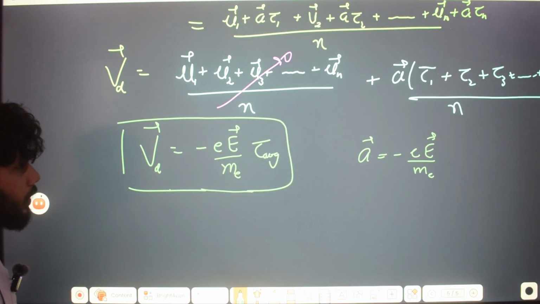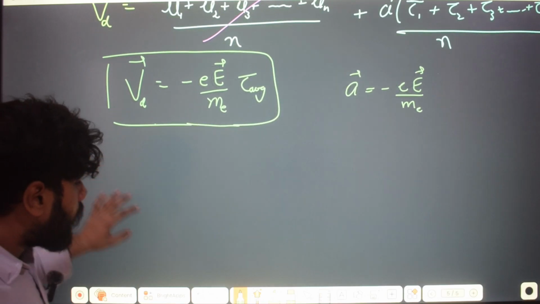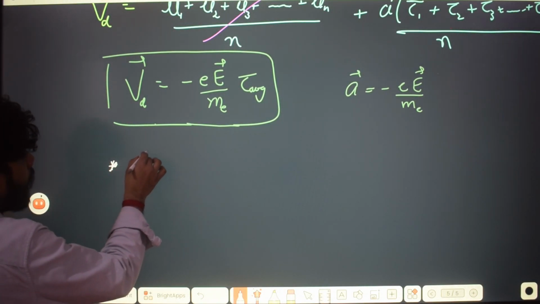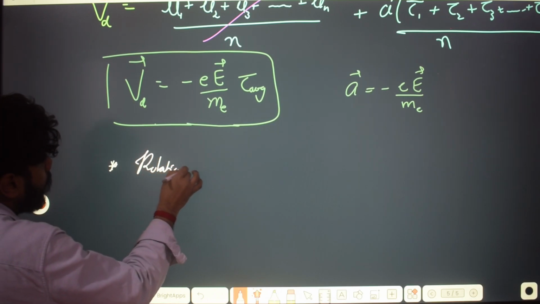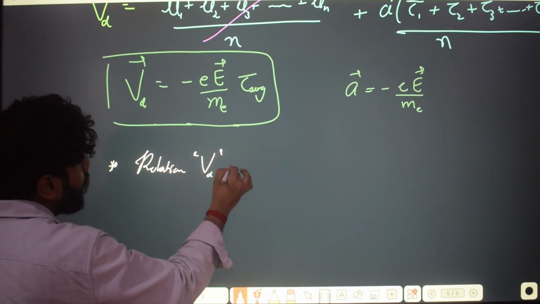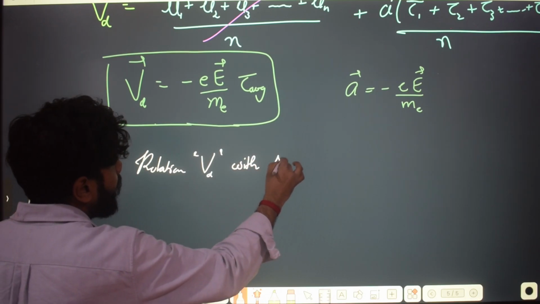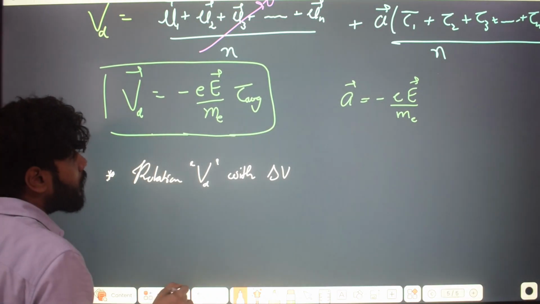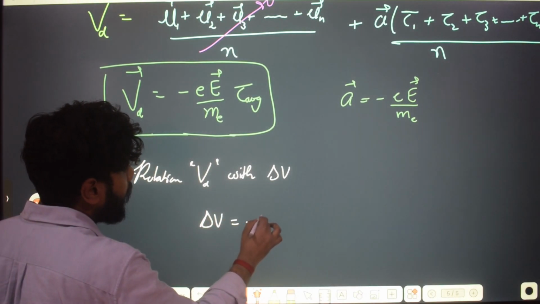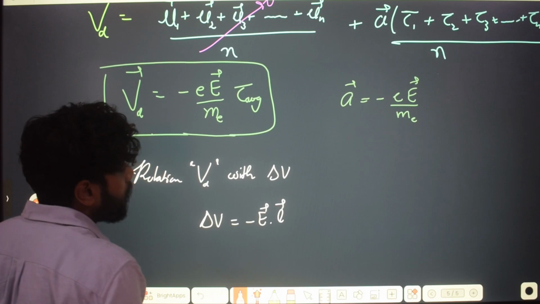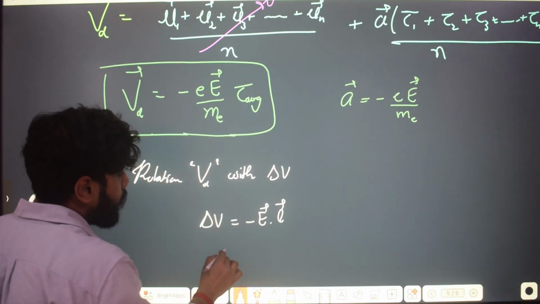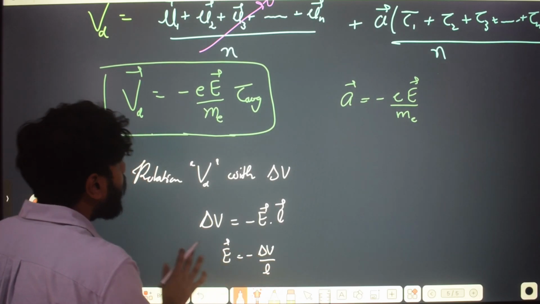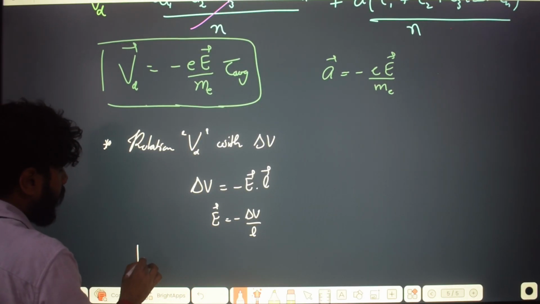So what are we going to do about this? We will talk about this. First let's see the relation of Vd with potential difference. It's nothing new, because we have taken the potential difference to be constant, so I can write del V equals minus E dot L, and because of the dot product you will get cos 0, so E can be written as minus del V over L, and if you plug it in you will get, you can put the modulus.